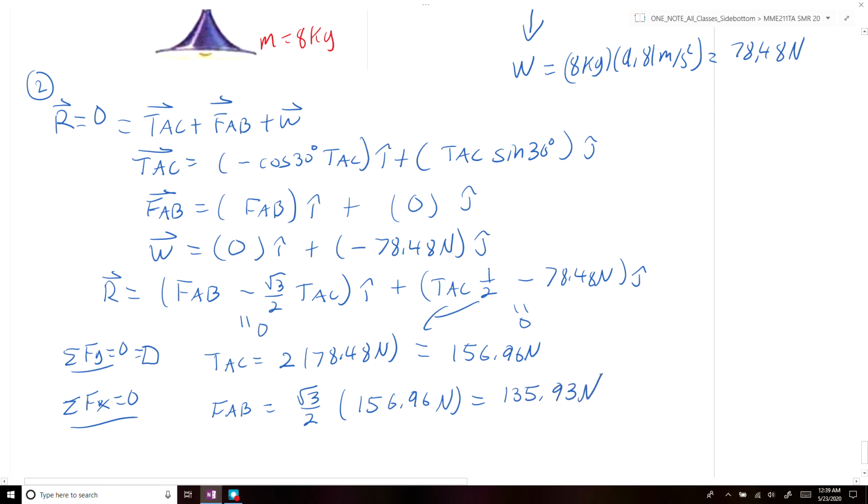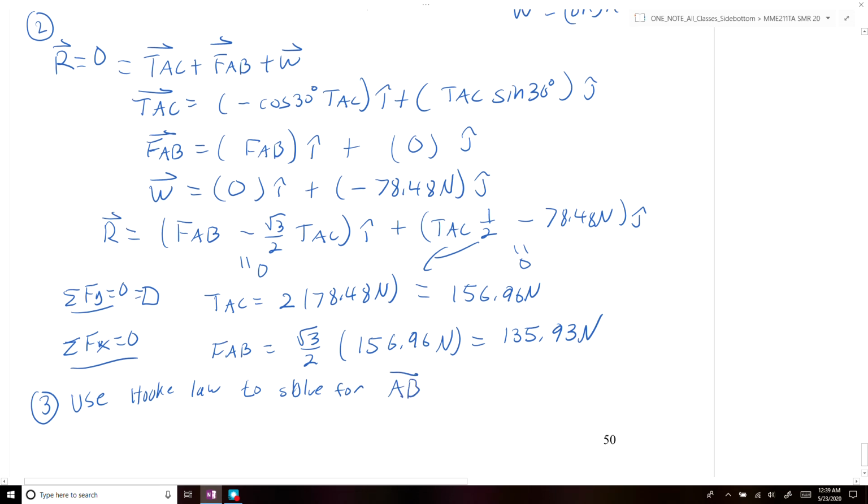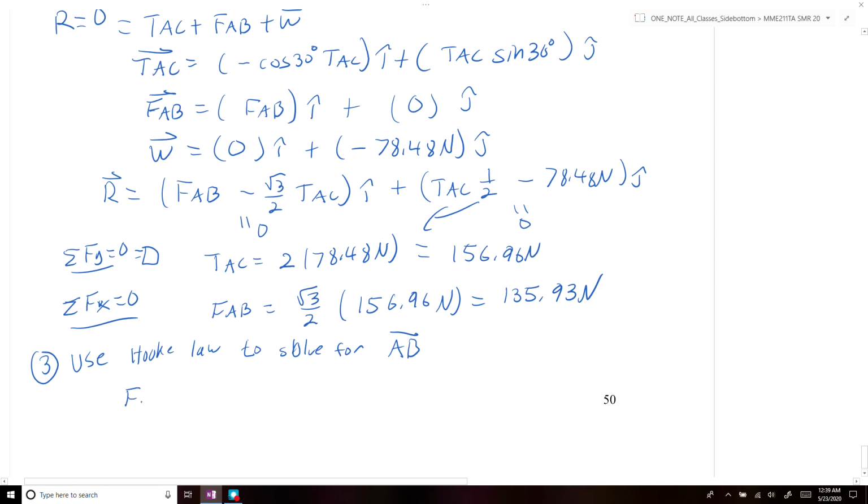All right. So the third part of our problem is we know we're going to use Hooke's law to solve for the length from point A to point B. Okay? So we know that the force within a spring, or the force within AB, is equal to the spring constant, which is 300 newtons per meter, times the change in length of our spring.